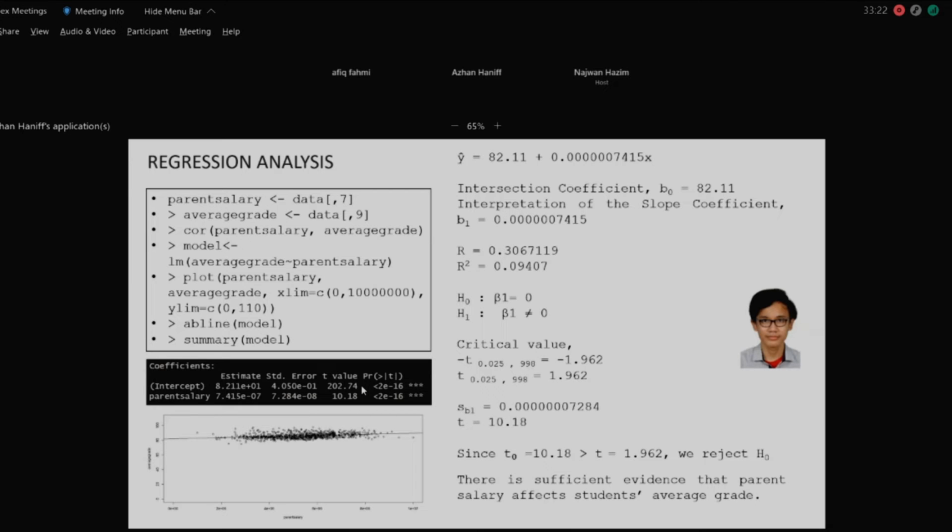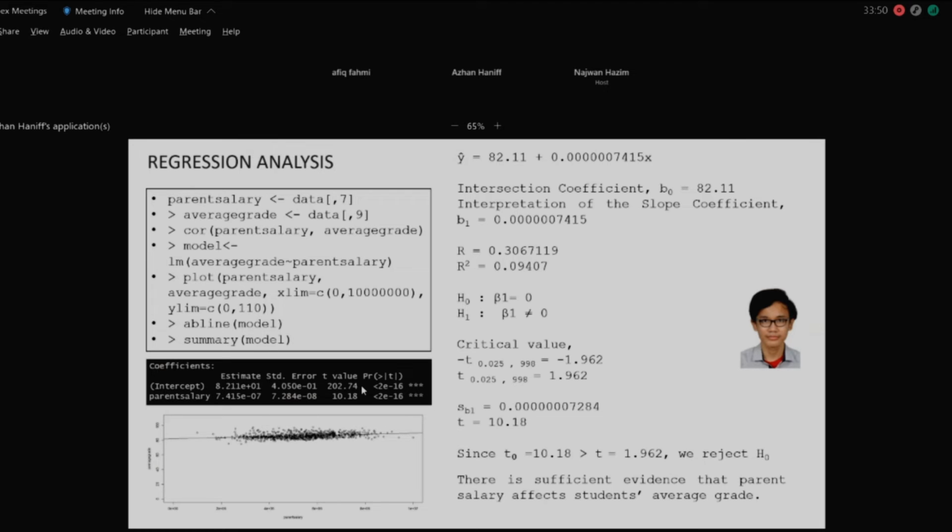Our null hypothesis is there is no regression. B1 is 0, which means no linear relationship, and our H1 means that there is a linear relationship. For the critical value we calculated, we got 1.962, and our t-test we got 10.18.